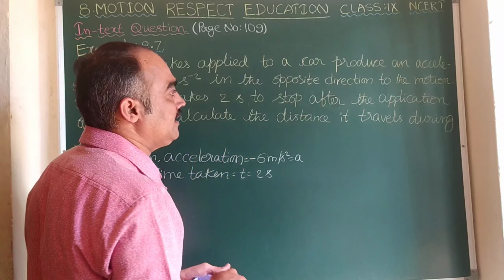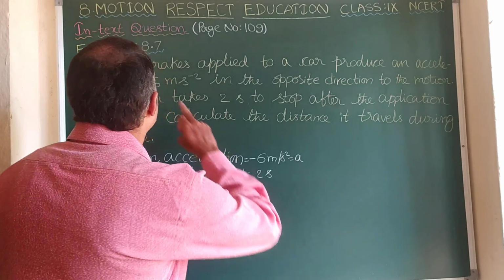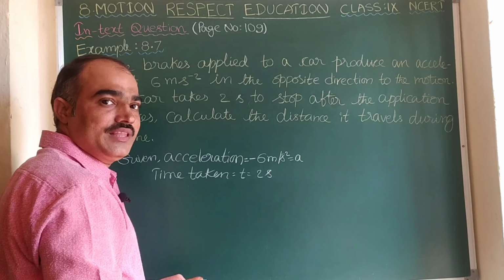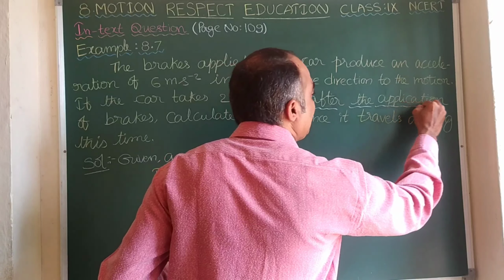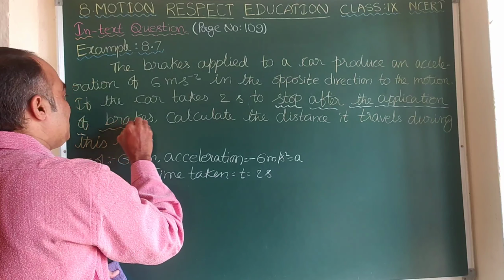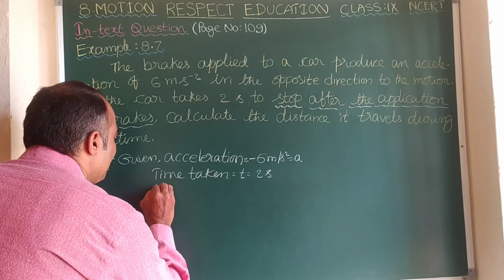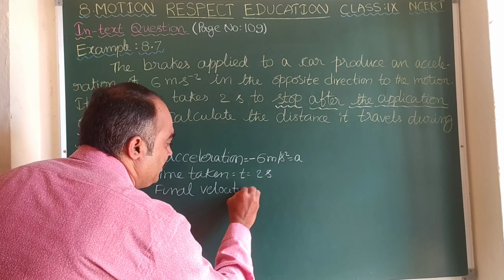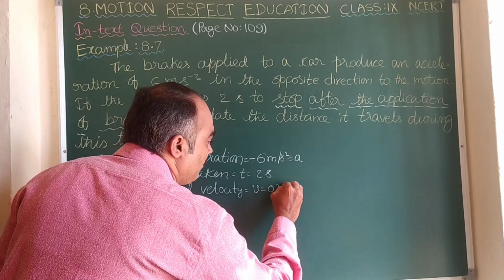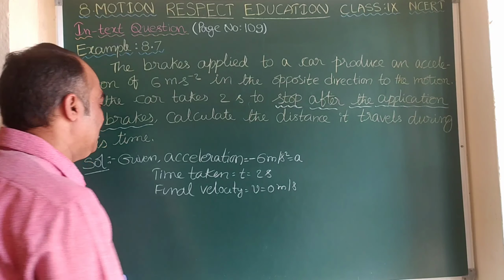Here in this question, which will be 0, the initial velocity or the final velocity? The brakes are applied, and the car takes 2 seconds to stop after the application of brakes. That means finally the car is stopped. That's why in this case the final velocity is 0. Final velocity, denoted by small v, is 0 meter per second. Since acceleration is in meter per second square and time is in second, I am taking meter per second here.